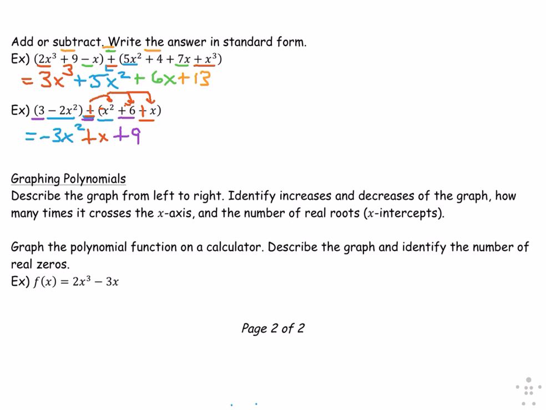And we want to identify increases and decreases, how many intersections with the x-axis, and how that corresponds with the number of real roots. And we'll dive deeper into each of these characteristics of the polynomial graphs as we go through the chapter. So for now, we just graph the polynomial function on a calculator. So you set this equal to y1, and you should get a graph that looks like the following.